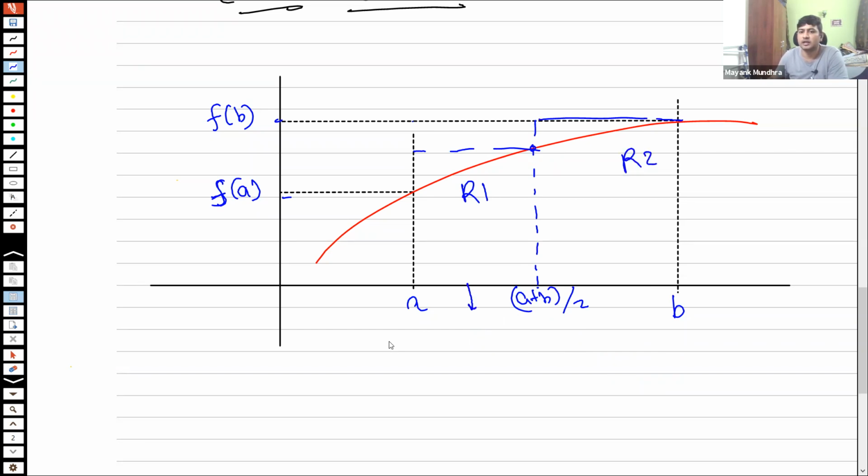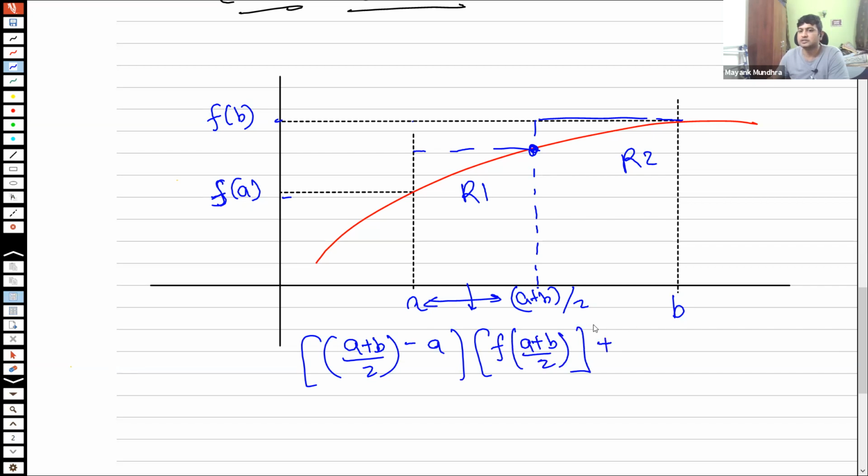So area of rectangle 1 is this base, which is a plus b by 2 minus a. This is the base. Into height, they assume it to be this value. So f of a plus b by 2, plus the area of rectangle 2. So for area of rectangle 2, this is the base.